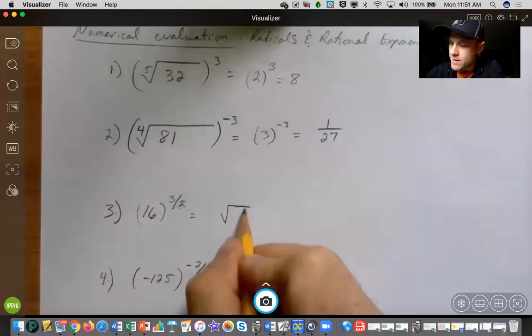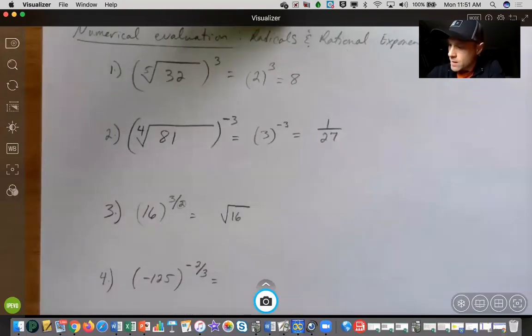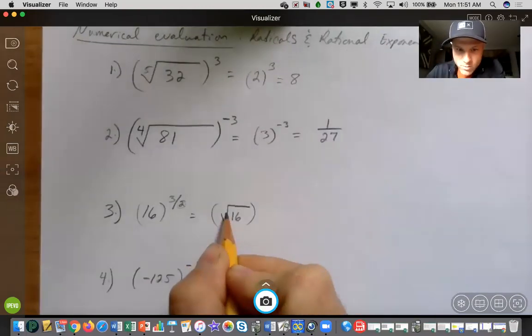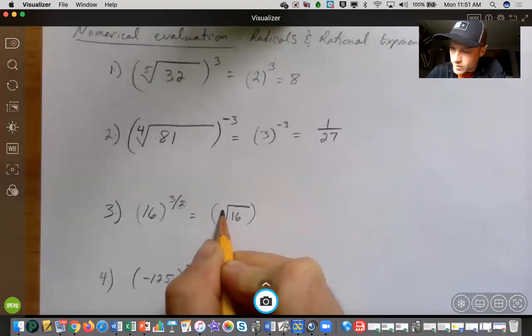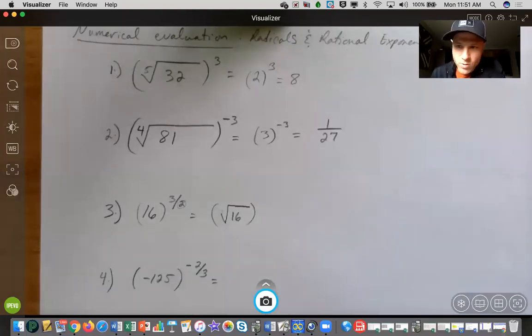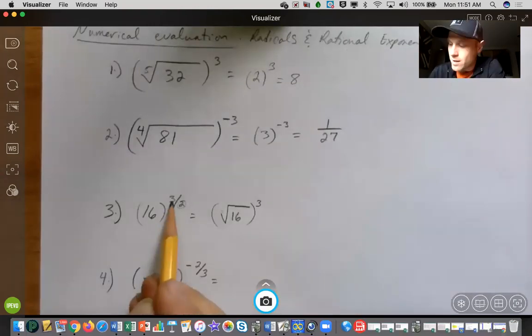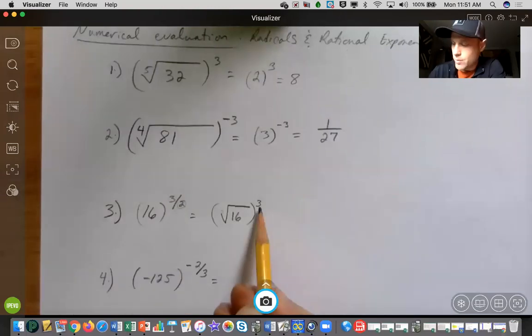So I'm going to recopy this as the square root. And typically there's a little index number right here, but when it's a square root, we don't really put the 2 there. We just make the symbol for square root. And the numerator becomes the extra power or the secondary power.